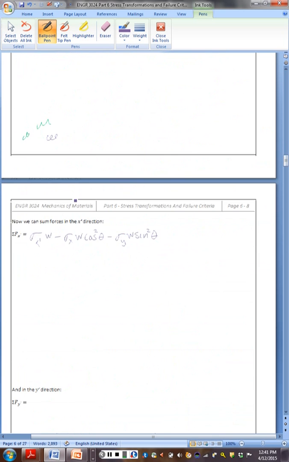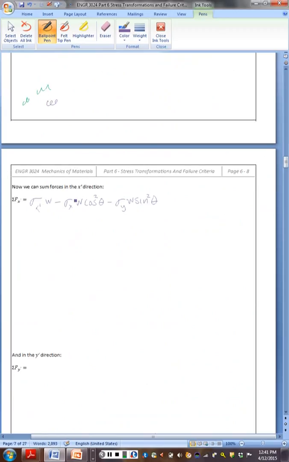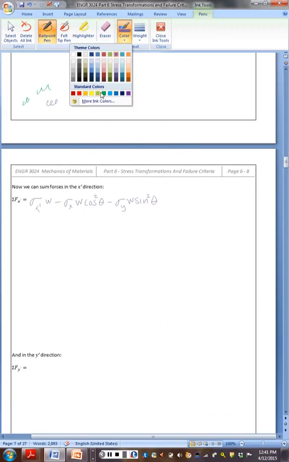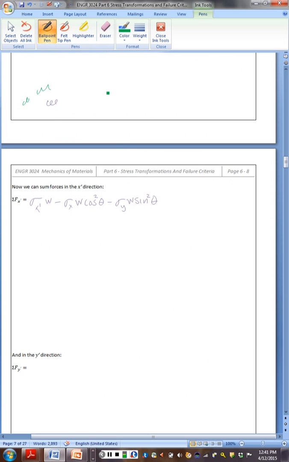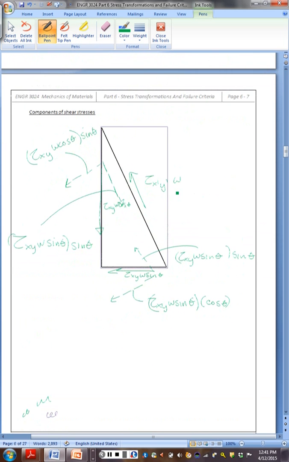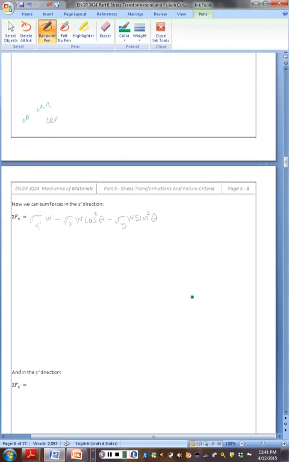Alright, so now looking at the shear stress contributions, we have a cosine sine in the minus, and we have another cosine sine in the minus x prime direction.